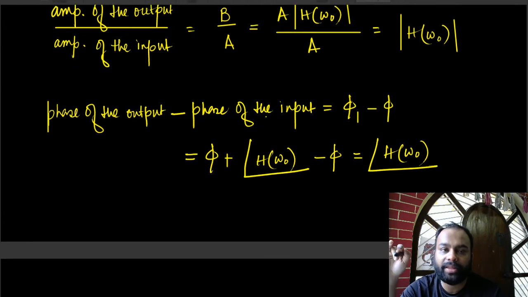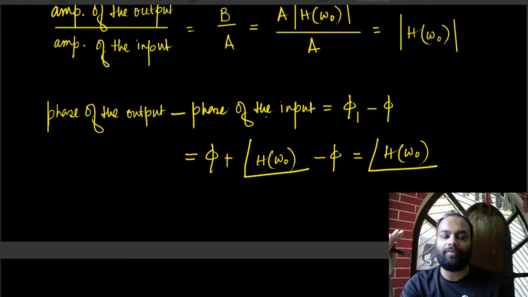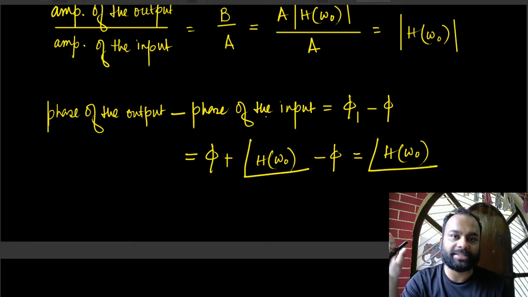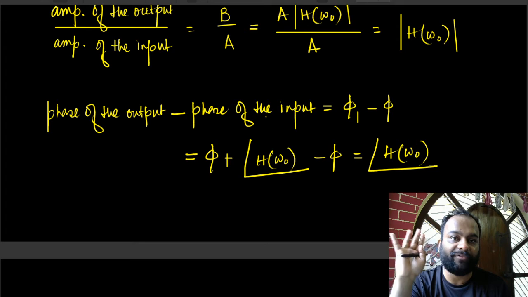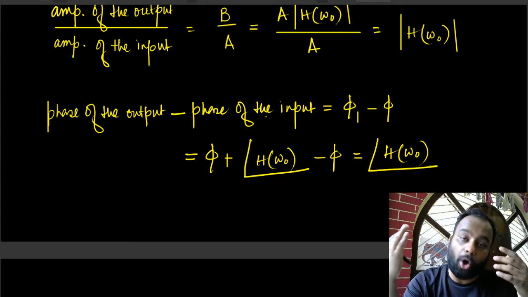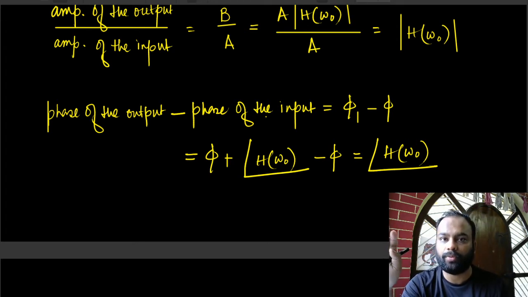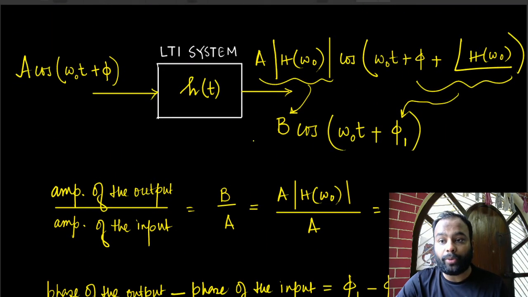So the angle of the Fourier transform of the impulse response is solely responsible for changing the phase of the input. It's the only thing responsible for changing the phase of the input. And the only thing that can affect these is the frequency. Look very carefully at this.